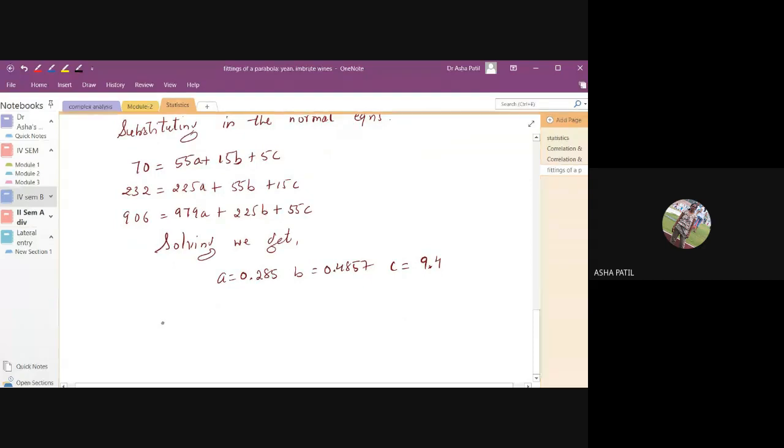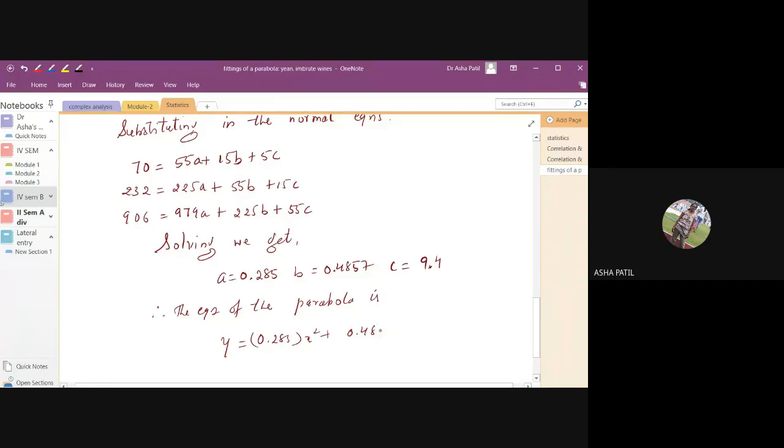Let us see. So write the equation. Therefore, the equation of the parabola is y is equal to ax square plus bx plus c. I'll write 3 decimal places.